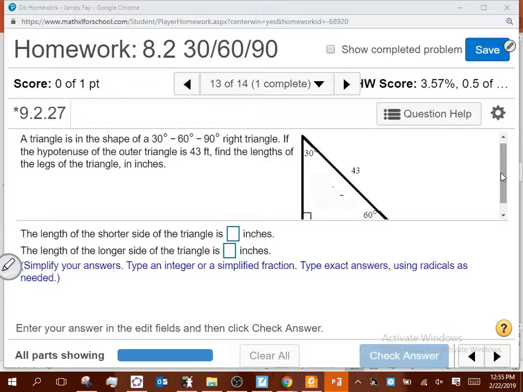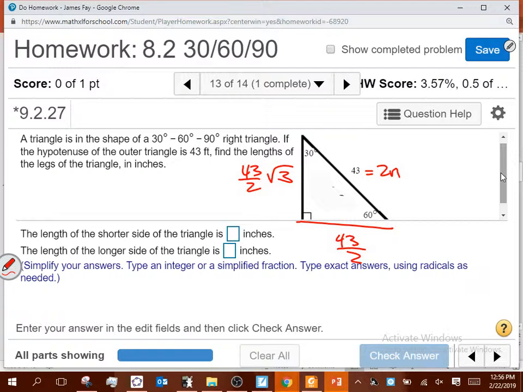They don't say anything about the inner triangle. So if that's my 2n, the 30, 60, 90, this would be n, so this would be 43 over 2. And this would be n radical 3, so it would be 43 over 2 times radical 3.